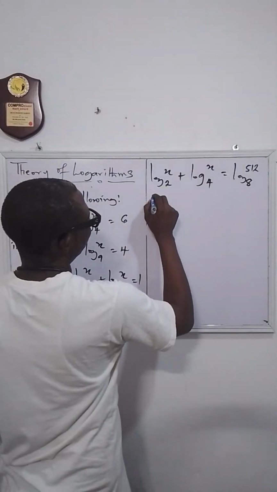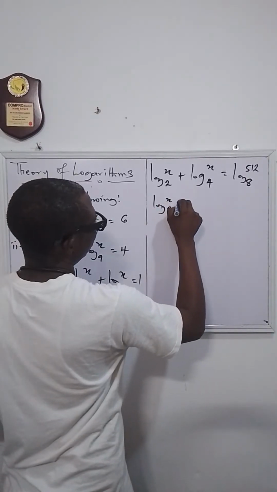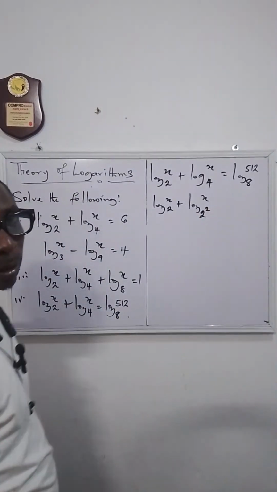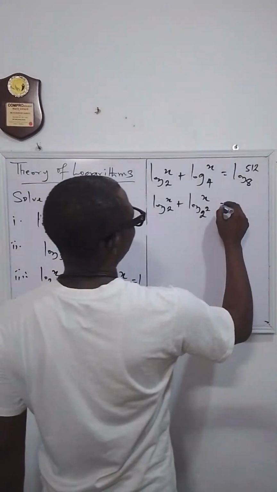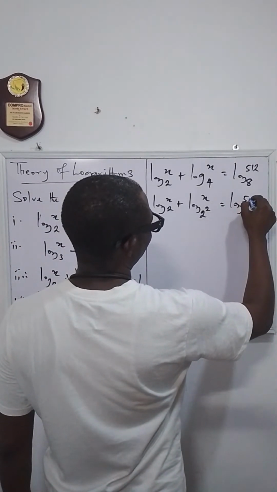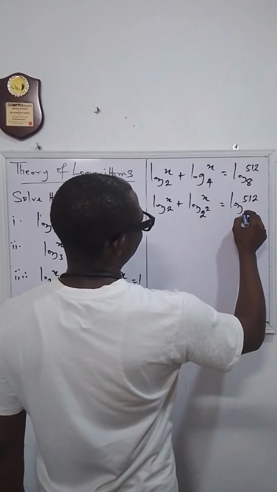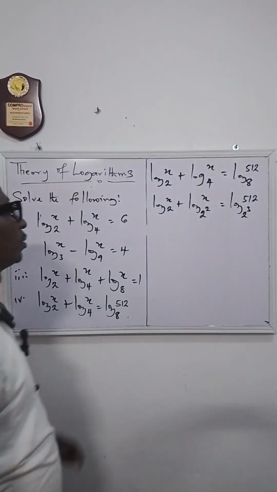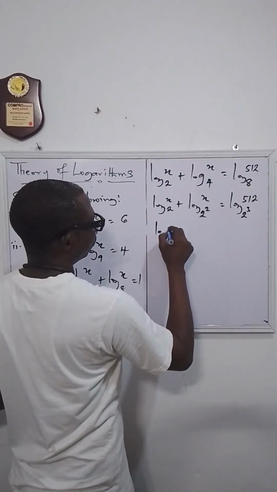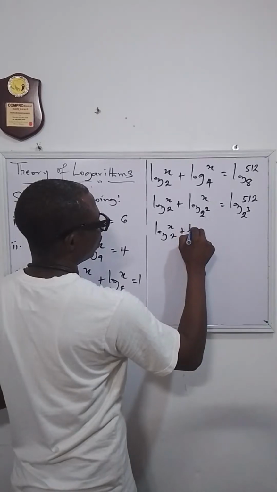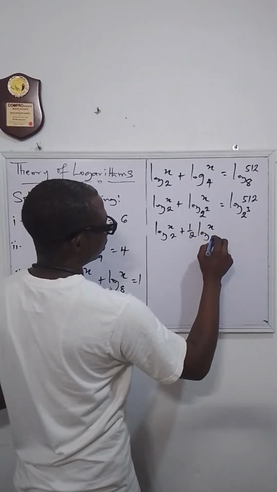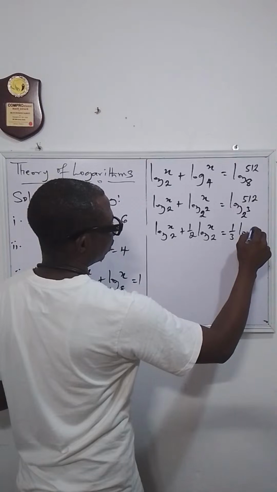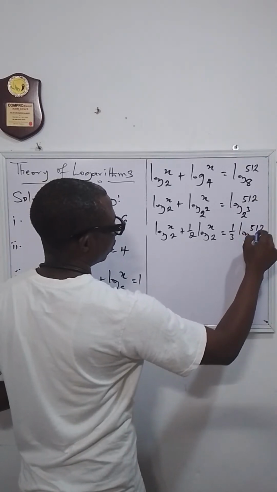So we have log of x base 2 plus log of x base 2 squared equals log of 512 base 2 cubed. Now this turns to log of x base 2 plus 1 over 2 log of x base 2 equals 1 over 3 log of 512 base 2.